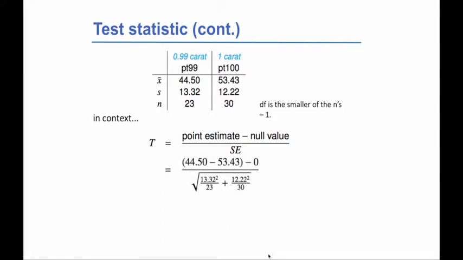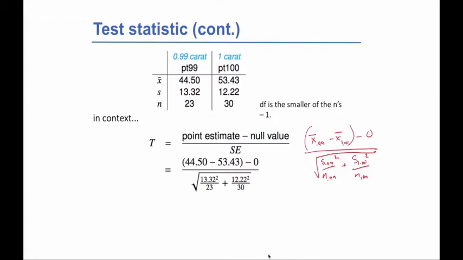Our specific formula is going to be the x bar of the 0.99 minus the x bar of the 1, minus the null. Our null value is 0, over the standard error. This is s of 0.99 squared over n of 0.99 plus s of 1 squared over n of 1.